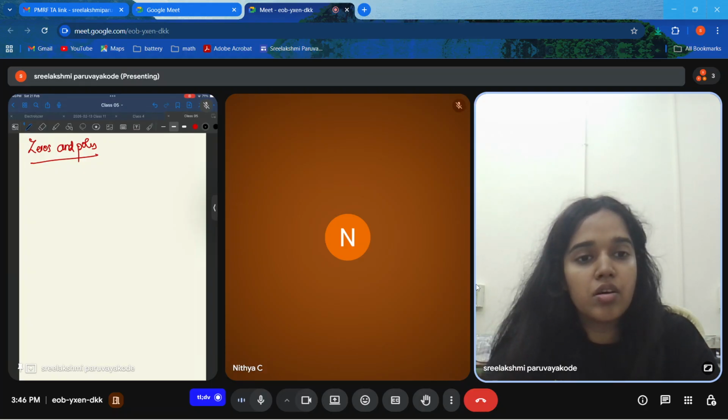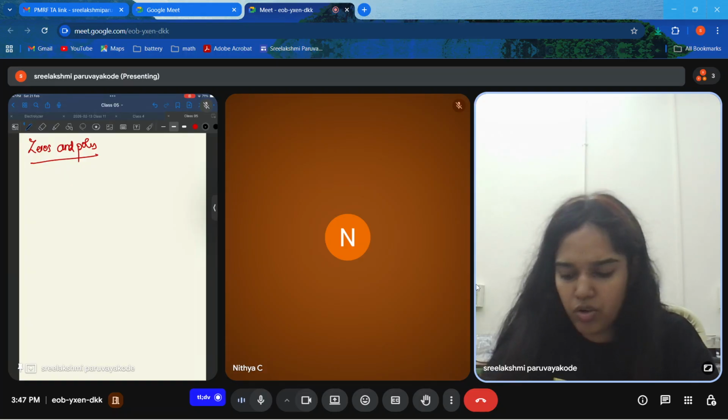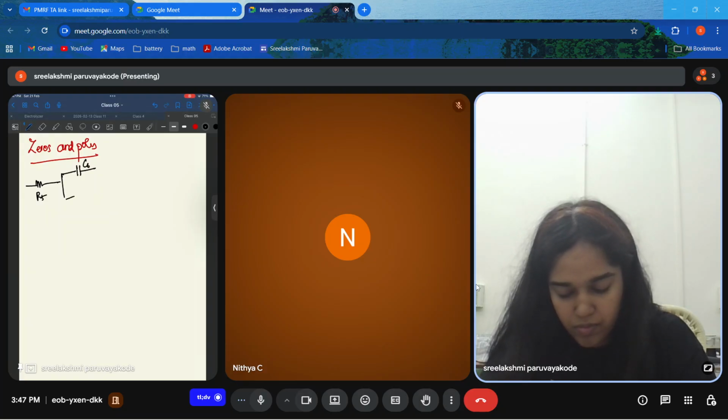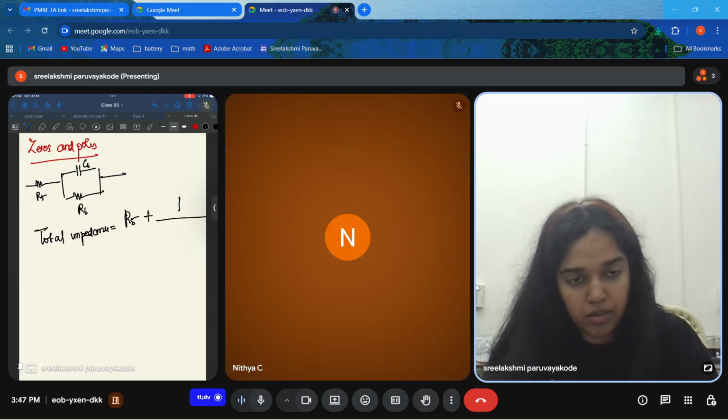For any electrical circuit, I mean for any data, you can express it in terms of zeros and poles. For example, I'm giving a circuit. It's actually a combination of the distinguishability quotient, so that's why R5, C6, R6. Now, what is the total impedance? R5 plus this, they are in parallel.